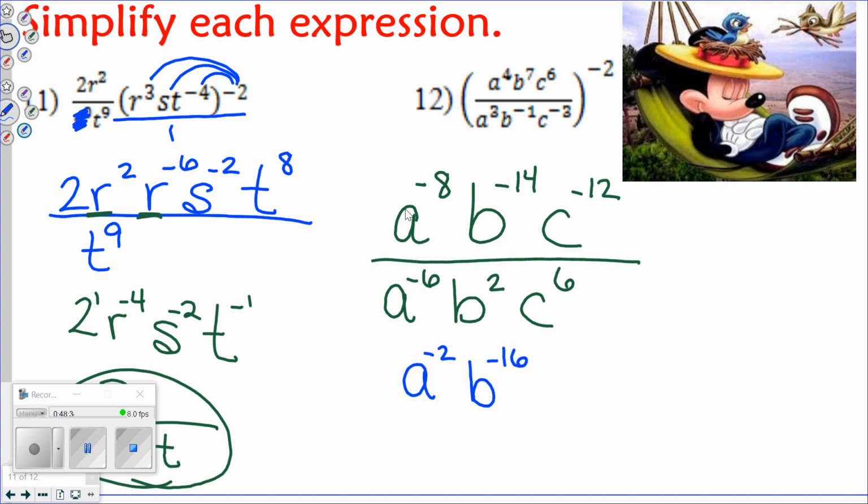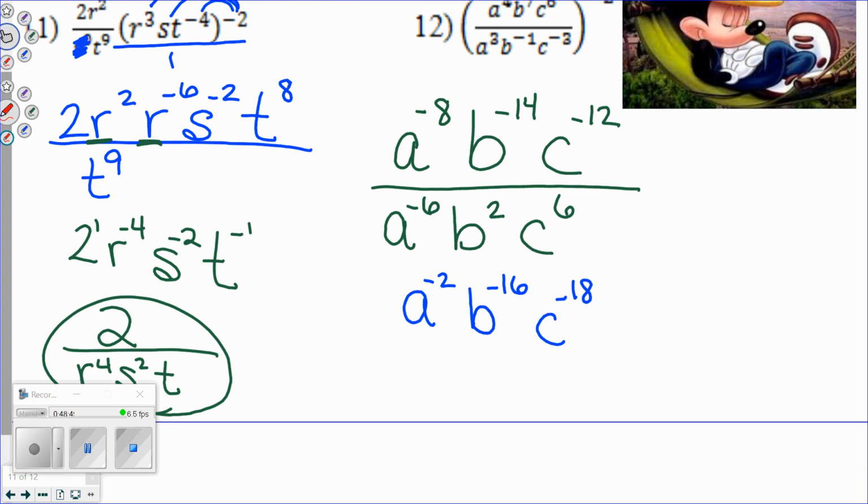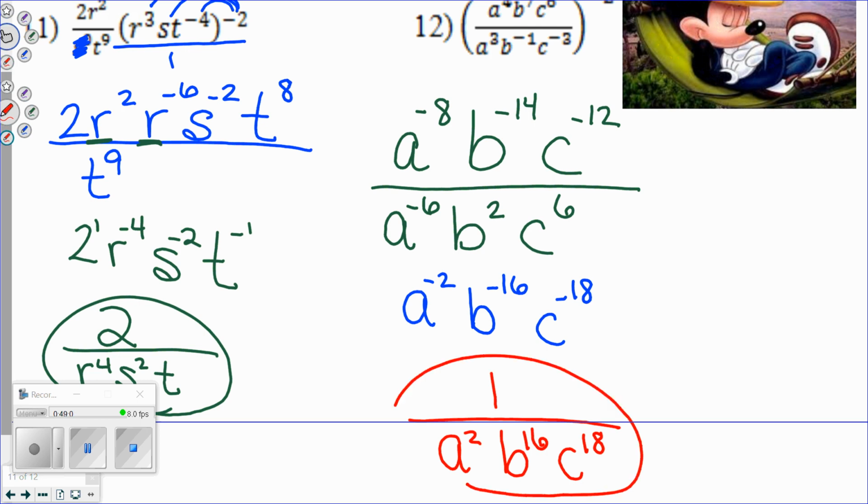And then my c's, negative 12 minus 6 is negative 18. And then all of those are negative, so they all go to the bottom. So you're going to have an a squared, a b to the 16th, a c to the 18th. What has to be on top? There has to be a 1 there to hold everything down.